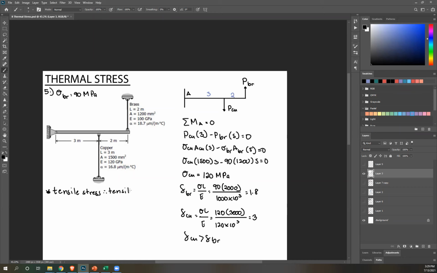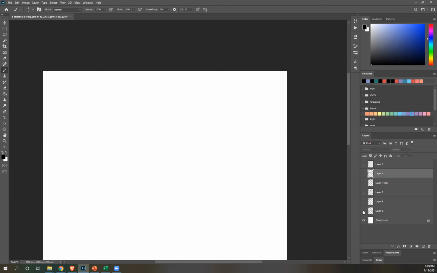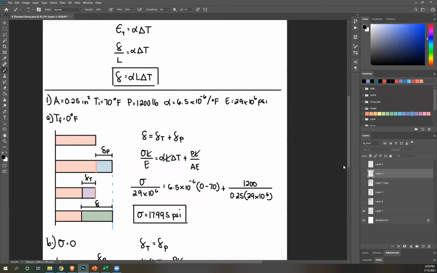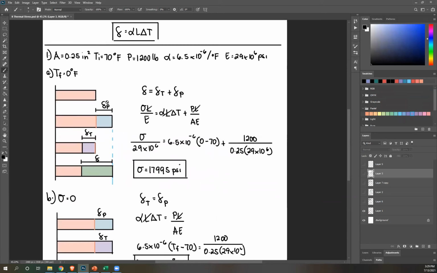So what does that mean? So to explain, let's say you have a tube here, right? Okay. So if it elongates, this is the better example. Okay, right. So for this problem, you have your rod.